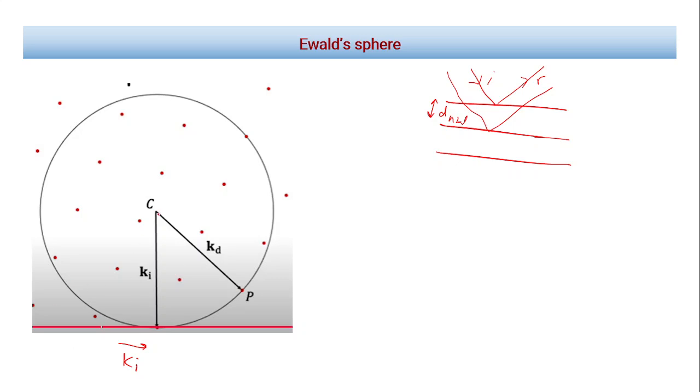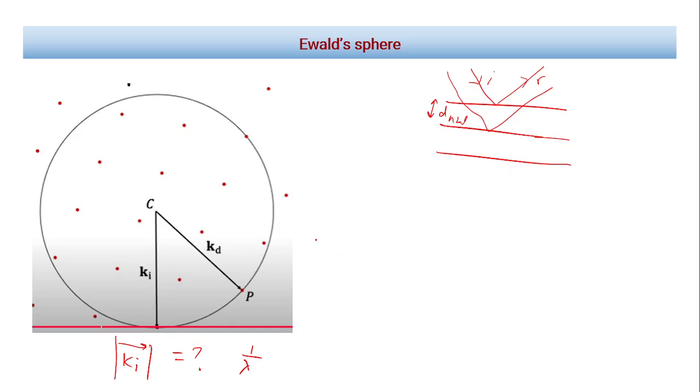Now where does the magnitude of this vector come from? The magnitude is the inverse of the wavelength of the X-ray used. The magnitude of this vector will be 1 over the wavelength of the X-ray used. This is how we define this lattice vector, okay?